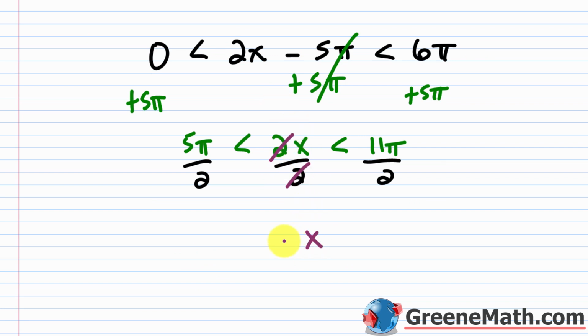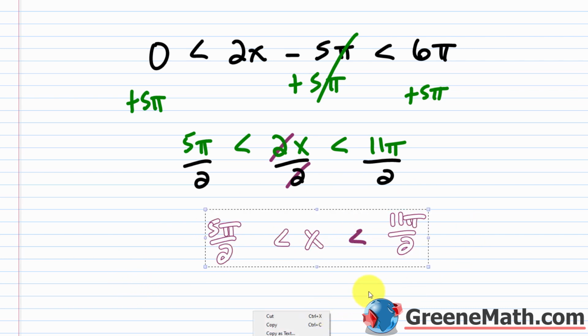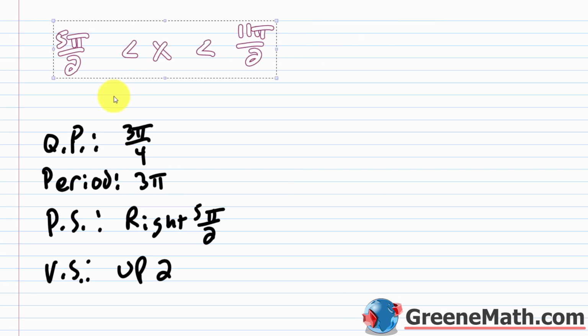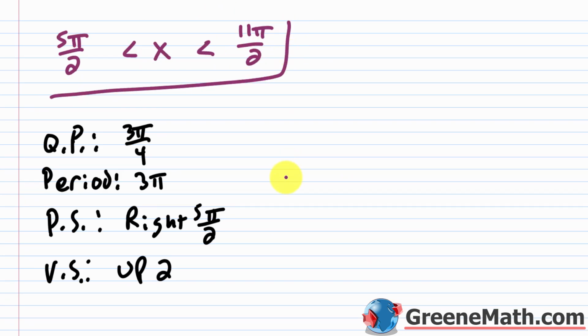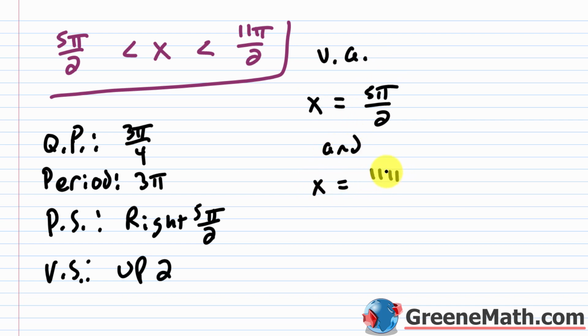And we're going to get x is greater than 5 pi over 2 and less than 11 pi over 2. So let's grab this and we'll paste this in here. And now we have our 2 consecutive vertical asymptotes. So for the vertical asymptotes, you get x is equal to 5 pi over 2, and then x is equal to 11 pi over 2.